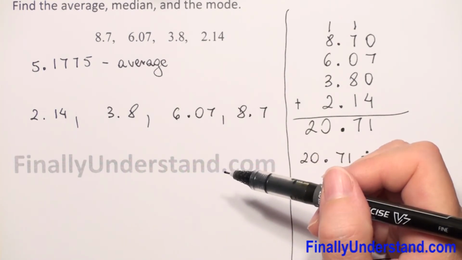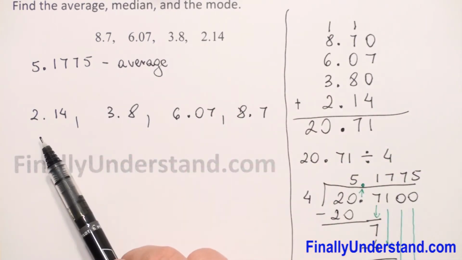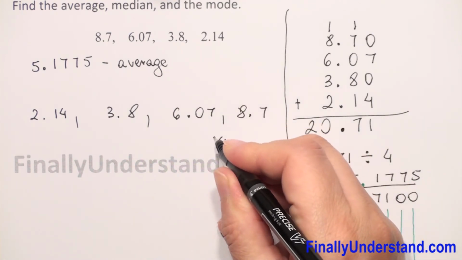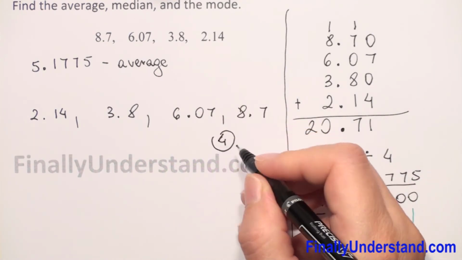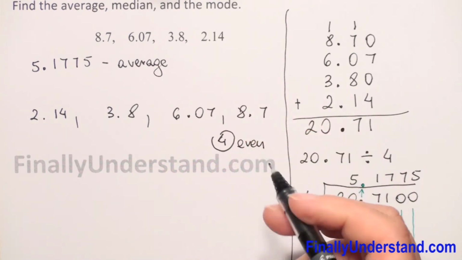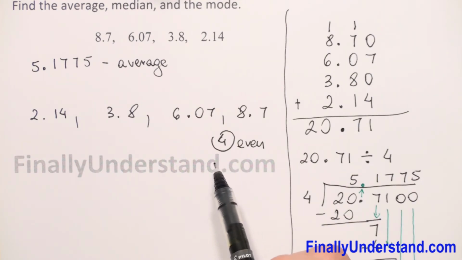And next we have to check: if there is an odd number of numbers in the set, the median is the middle number. How many numbers do we have? 1, 2, 3, 4. We have 4 numbers. 4 is an even number. So when we have an even number of numbers, the median will be the average of the two middle numbers.